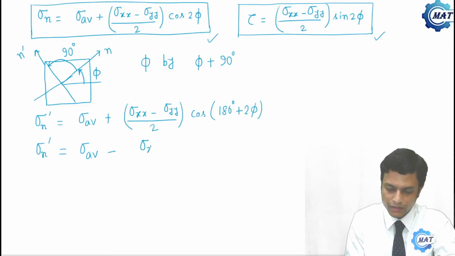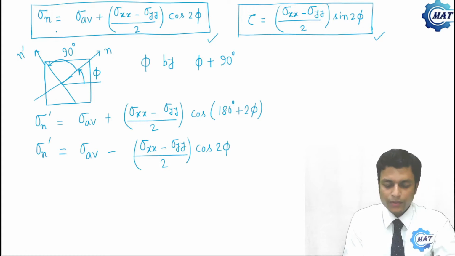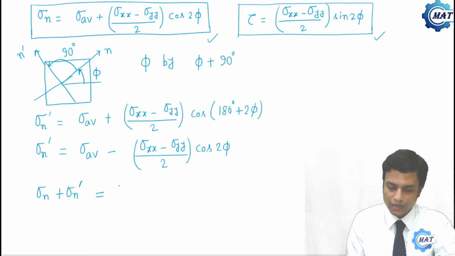So minus (sigma xx minus sigma yy) by 2 cos 2 phi. Now the relationship between sigma n and sigma n prime will be what? Sigma n plus sigma n prime is 2 sigma average, that is sigma xx plus sigma yy.